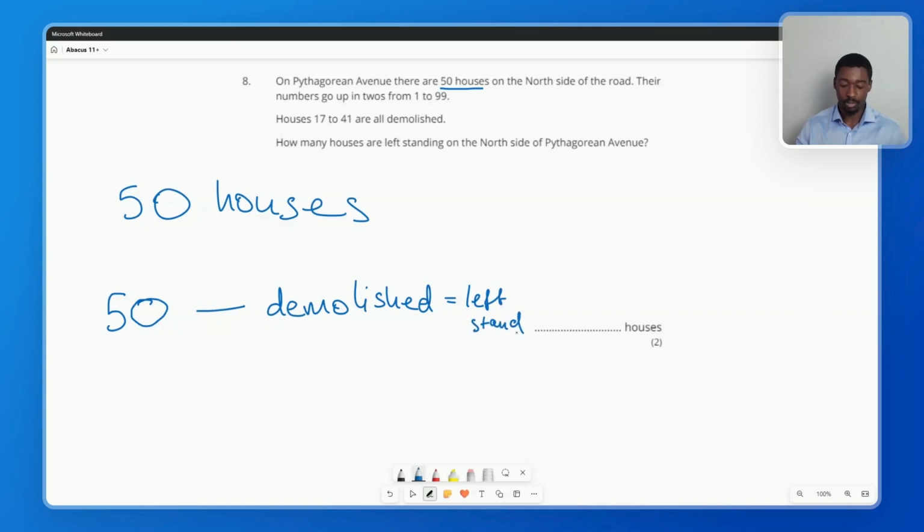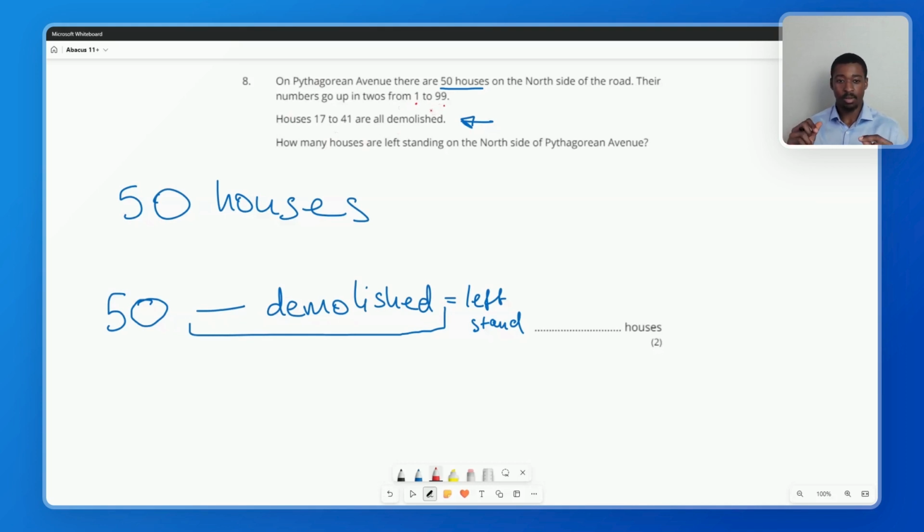So how many houses were demolished? This part of the equation. Well, we're told it's houses 17 to 41. But how many houses does that actually represent? Well, it goes back to the question. We know that the numbers of these houses go up in twos from 1 to 99.